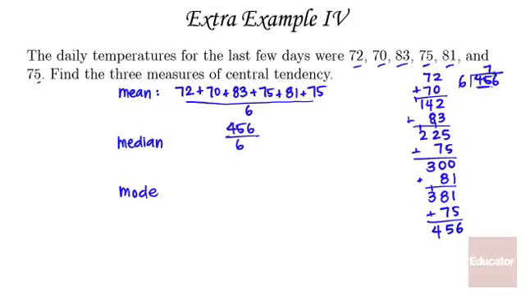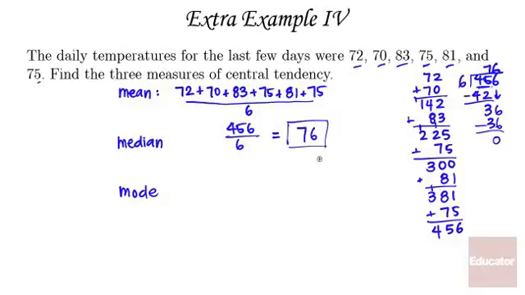So we know it's 7. This is 42. If I subtract it, I'm going to get 3. Bring down this number here, 6. 6 goes into 36, 6 times. That's 36. Okay, 0. So my mean here is 76. That is the average.